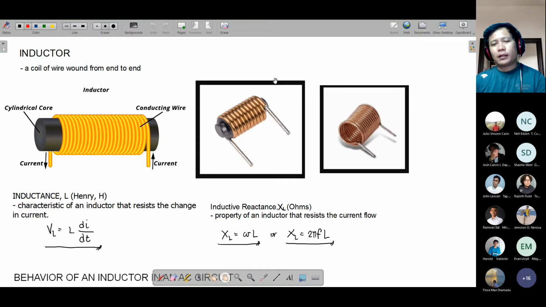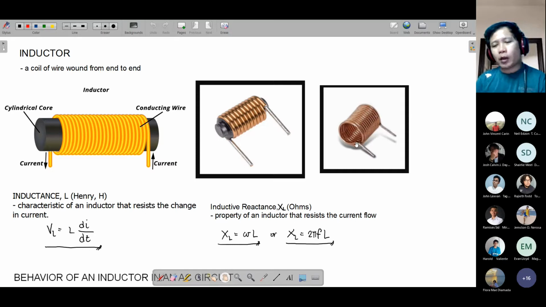Now listen carefully. For those who have taken electromag, you have to recall that once you coil a copper wire and you insert a current, of course you can form a magnetic flux here. Okay? The magnetic flux will vary according to the core.